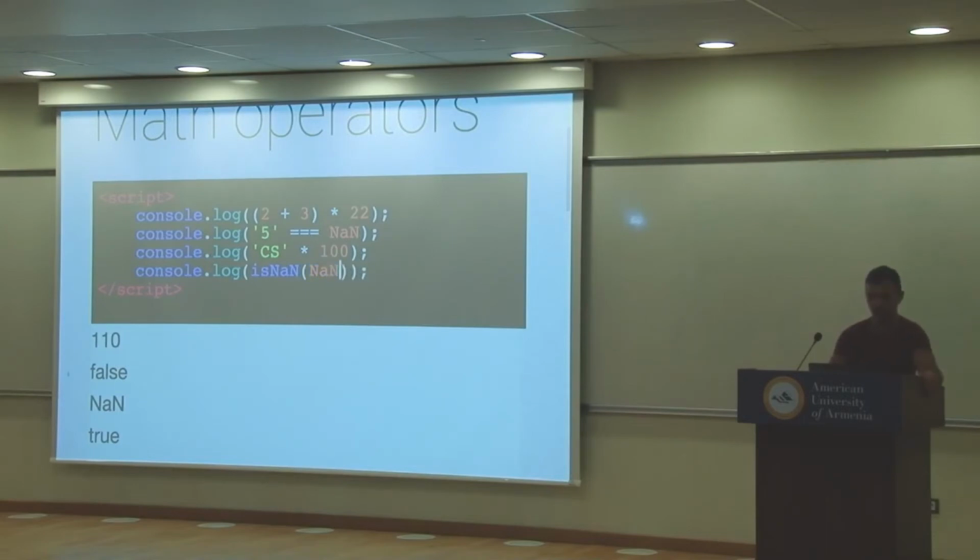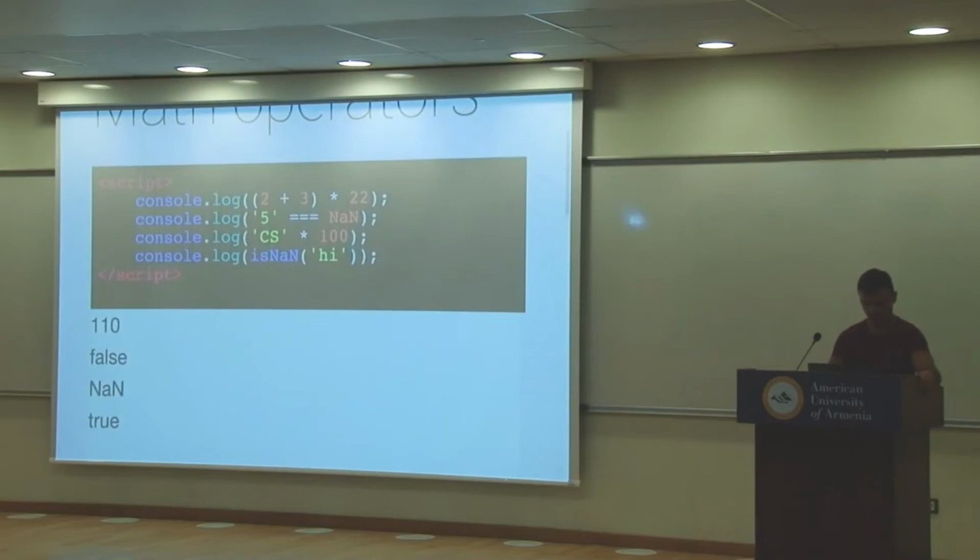And then isNaN will return true. A number that is not NaN will return false. Fair? Yes, good.